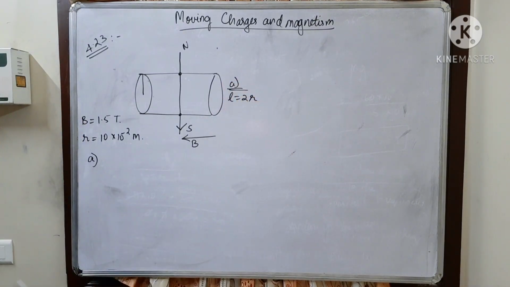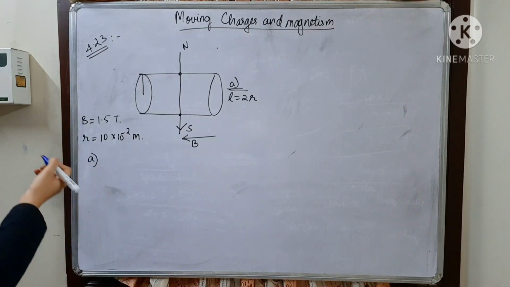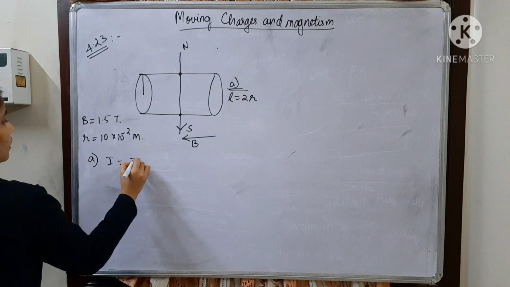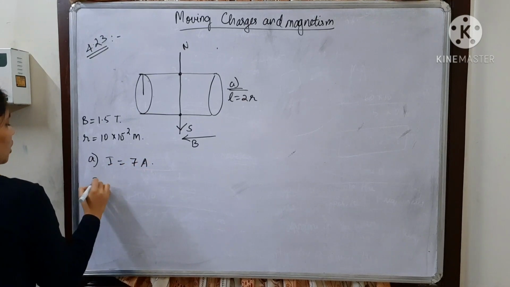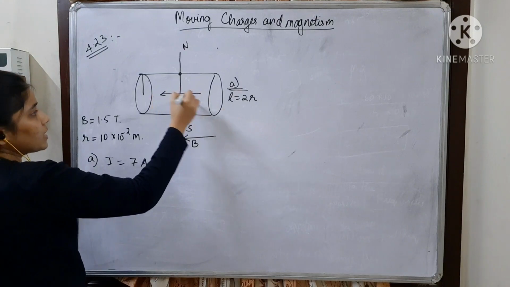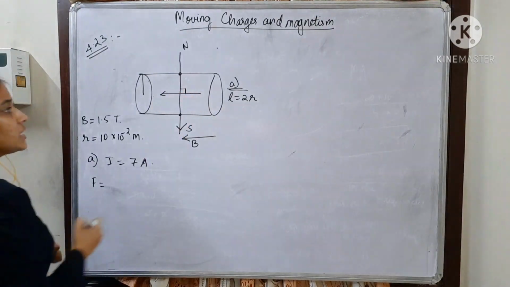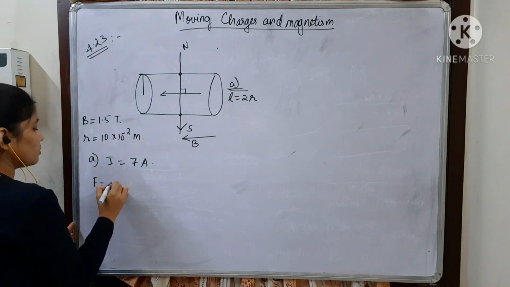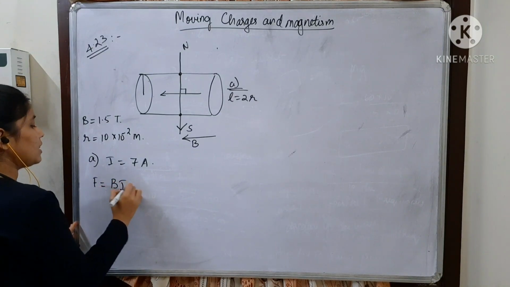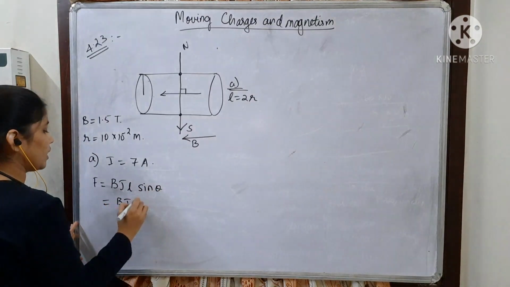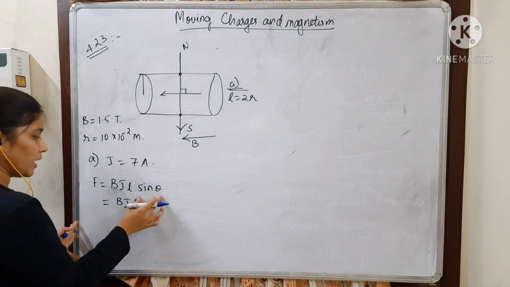Clear? Now, what is the current carried in the wire? So I is equal to 7 ampere. We have to find out the force acting on this. Now what will be the angle between the magnetic field and the length of the wire? That angle is 90 degree. Therefore we will write BIL sine theta, where theta is 90 degree.